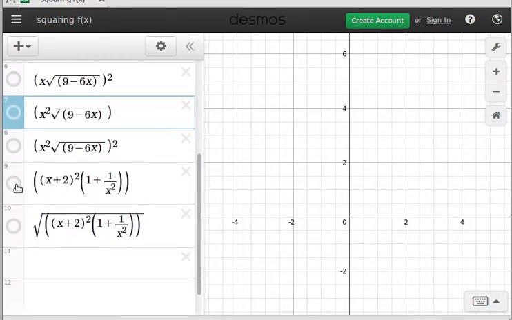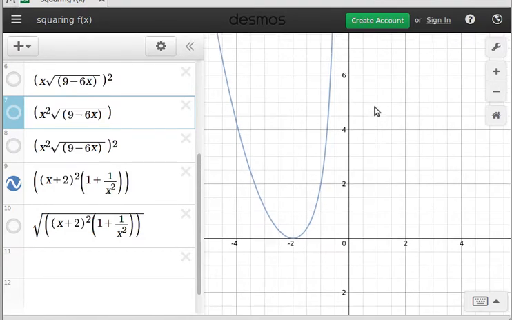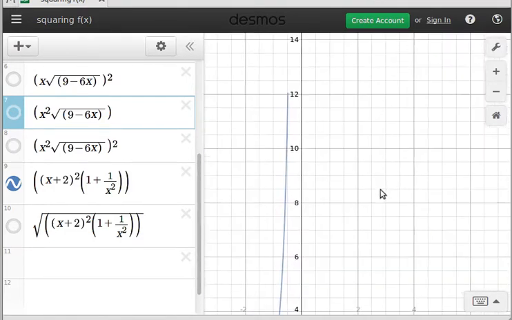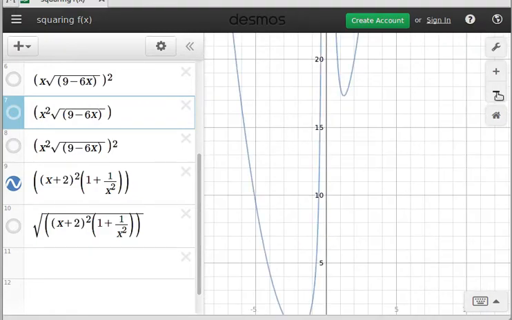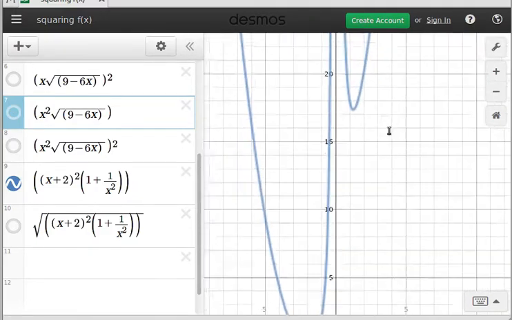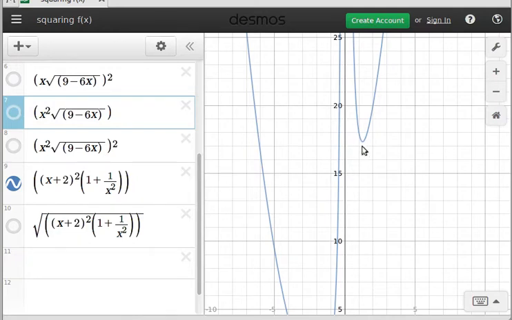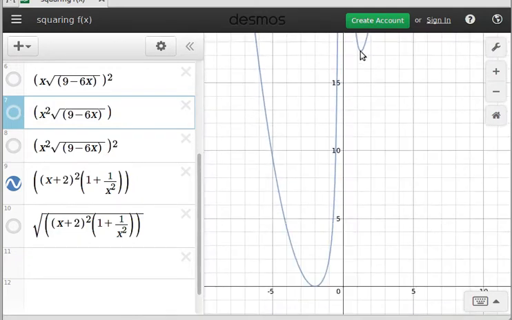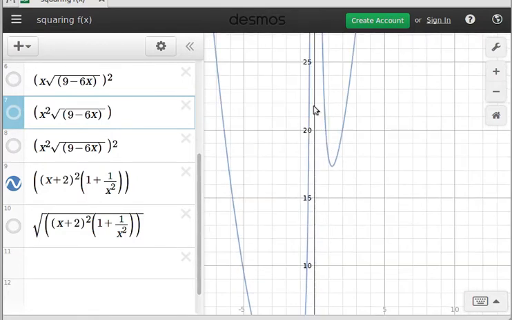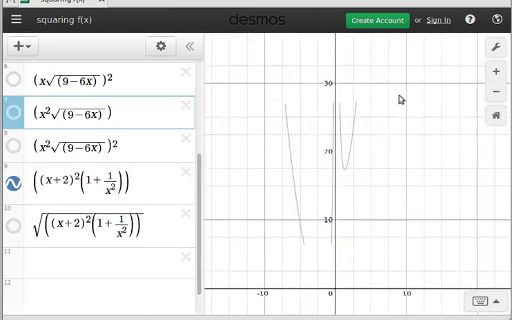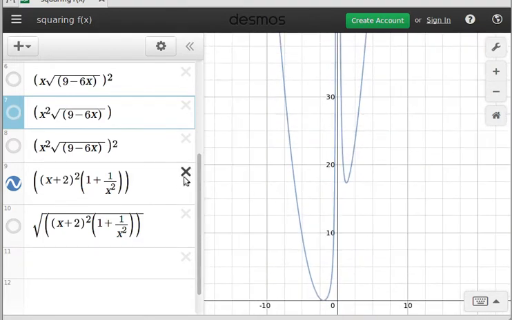Here's an example of a minimum. This one is hard to see, so if I zoom out a little bit, you can see that I have a minimum occurring right at this point. Notice that this is still positive, so this rule would still work. This side is all positive. Let's see what the square of that will look like.